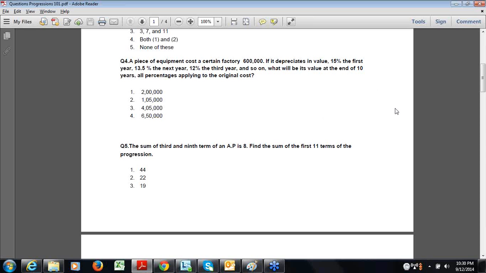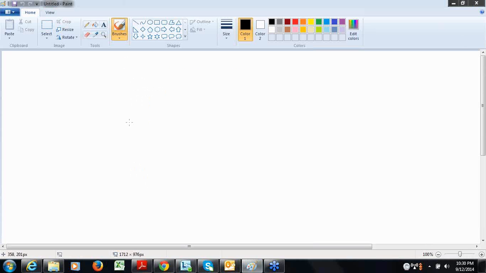So the third term will be a plus 2d, and the ninth term will be a plus 8d.